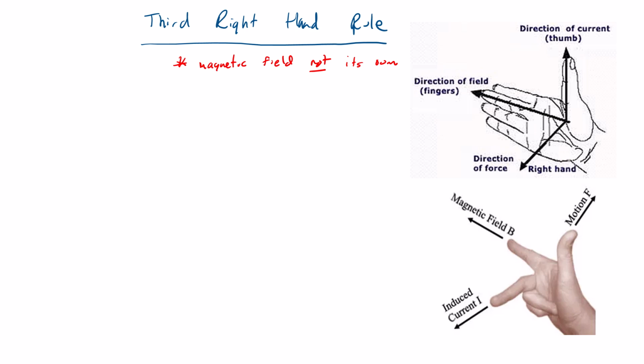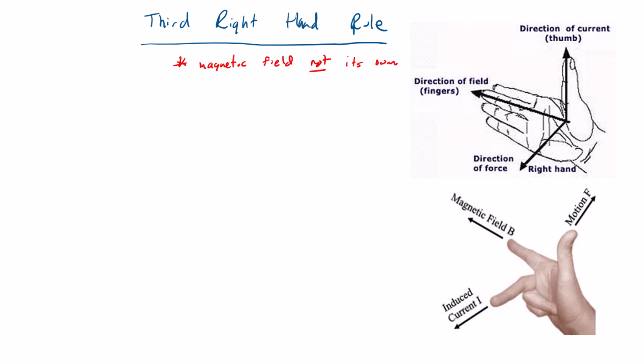It will feel a force. So for the two right-hand rules, sometimes you'll see this one on the bottom with the two fingers and the thumb. One is for the force felt, one is for the direction of the field, one is for the direction of the current. That one's a little tougher until you've taken some upper level math courses where you learn more about the x, y, and z axes.